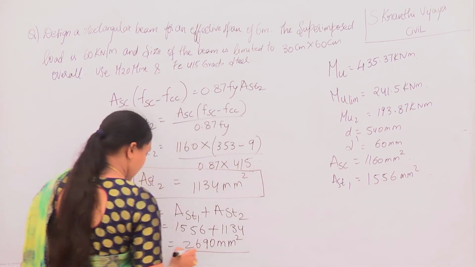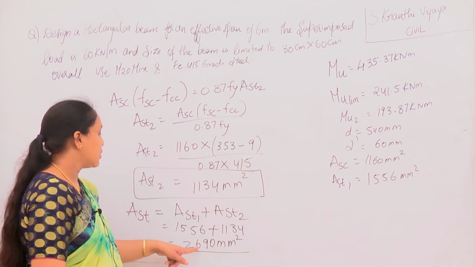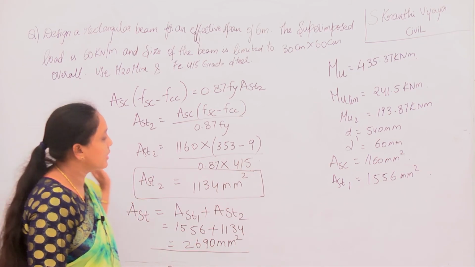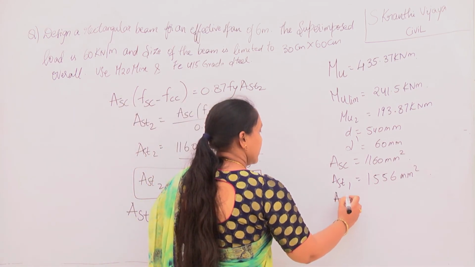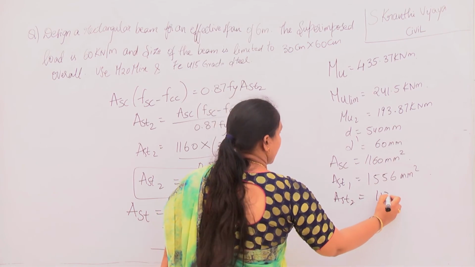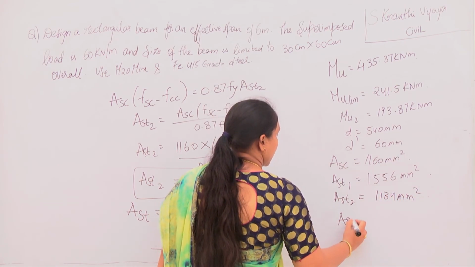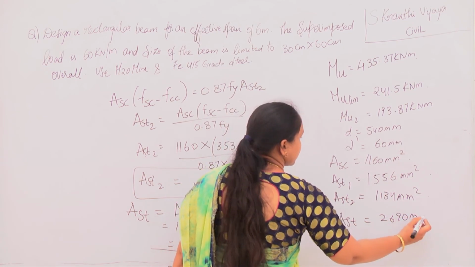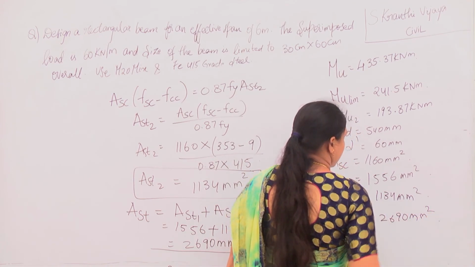So this is the total area of the tensile steel, which is 2690 mm square. Now we have found out the ASC, AST2 that is 1134 mm square, and the total AST, which is 2690 mm square.